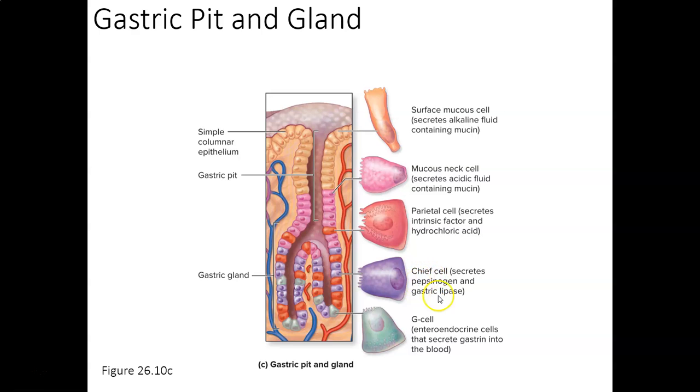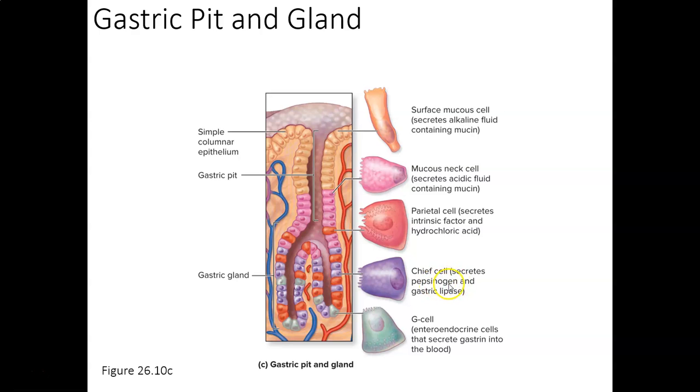And the next, going a little bit even deeper, is the chief cell. This type of cell secretes pepsinogen and gastric lipase. Those two are both digestive enzymes, but the pepsinogen is not active. The reason you see this word ends with -OGEN means it's a precursor form of an enzyme.